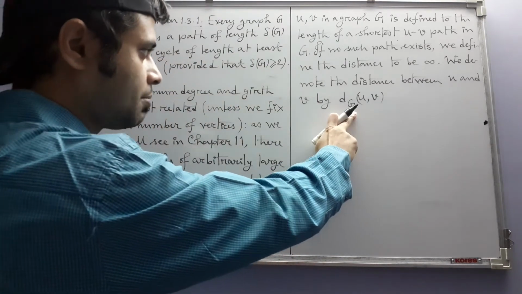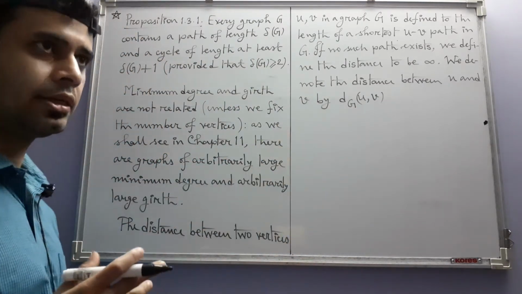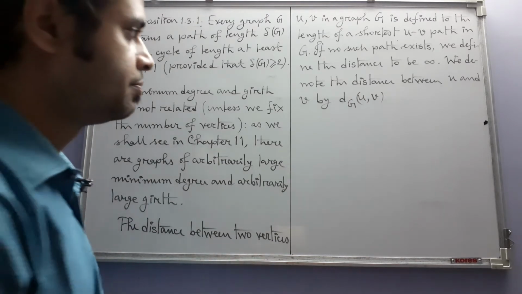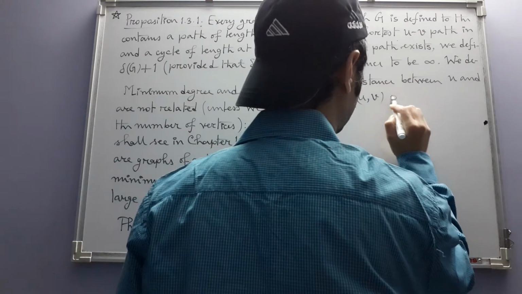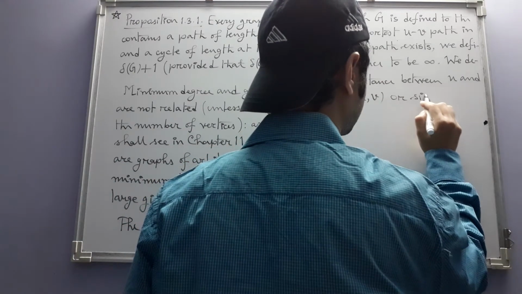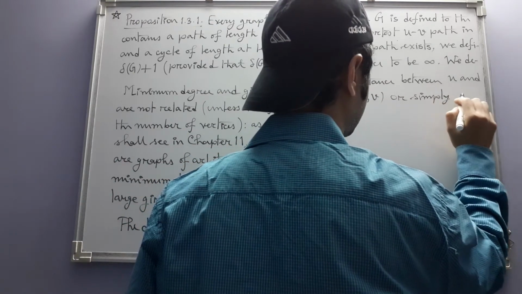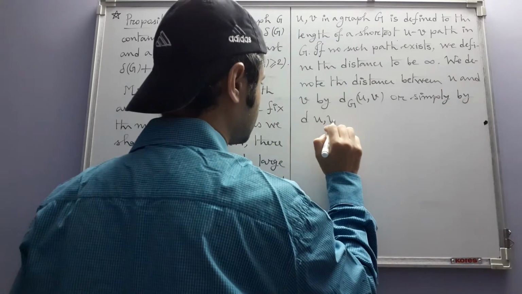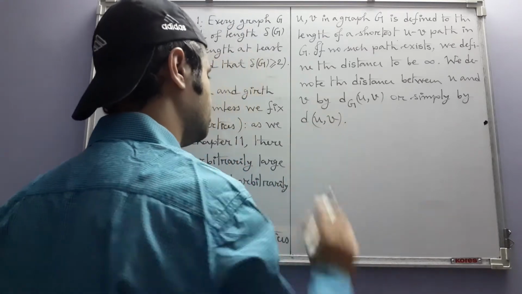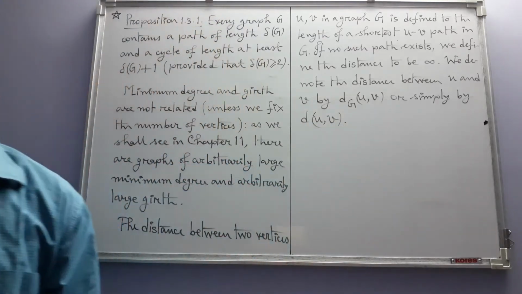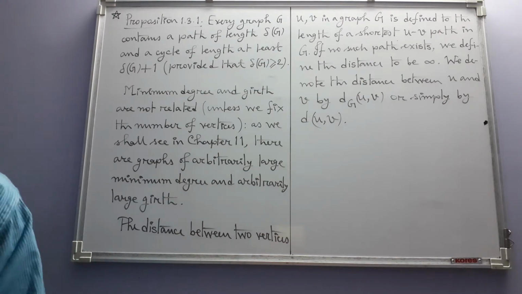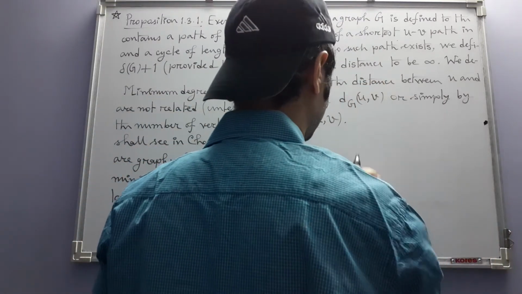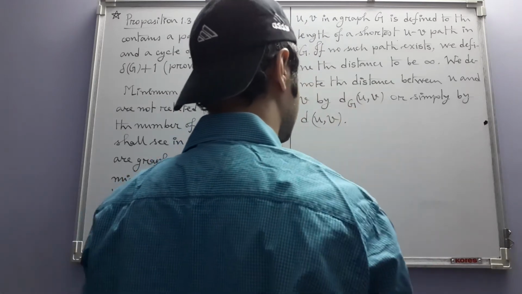The subscript G tells us that the distance is being calculated in the graph G, or simply by d(u,v). Let's take one example which will help us understand what this is about and why this G is needed.